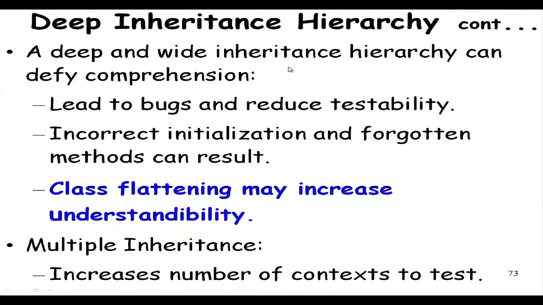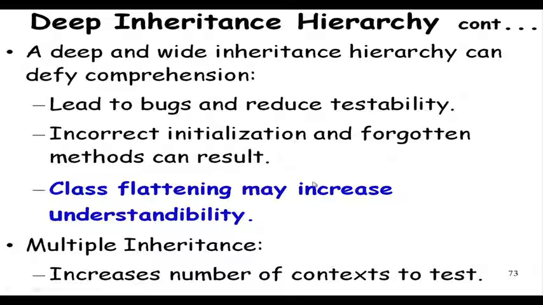So, if we have a deep class hierarchy, what may be the solution? One thing is that a deep class hierarchy may introduce bugs, result in low reliability of the software, reduce testability, because too much testing has to be done, and also incorrect initialization and forgotten methods may result.